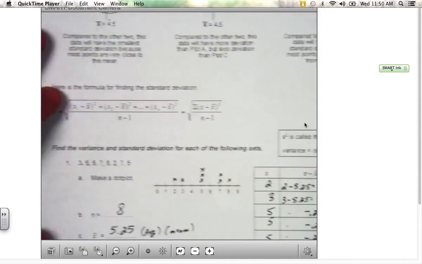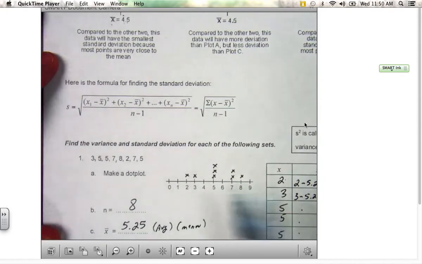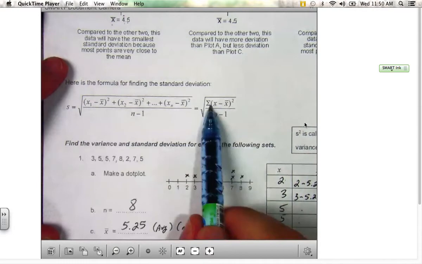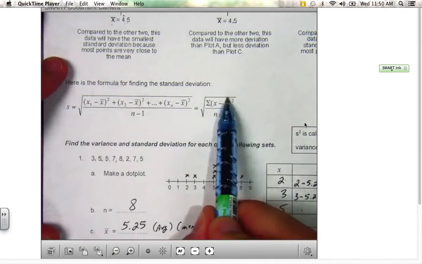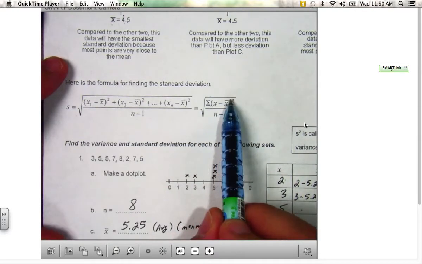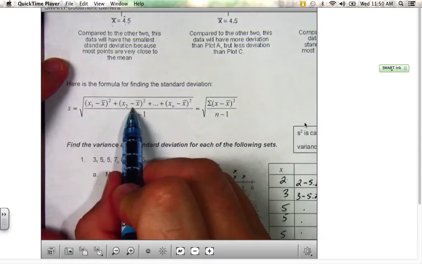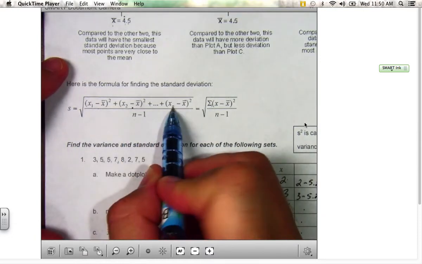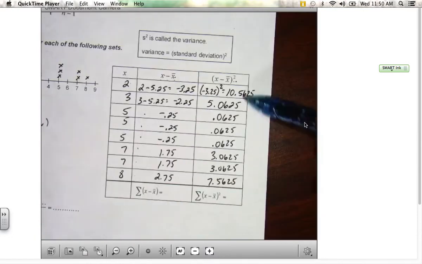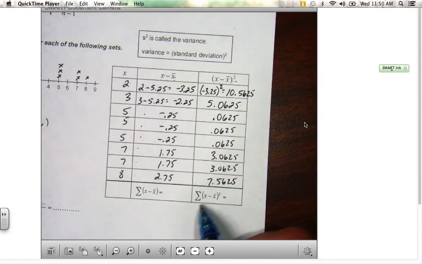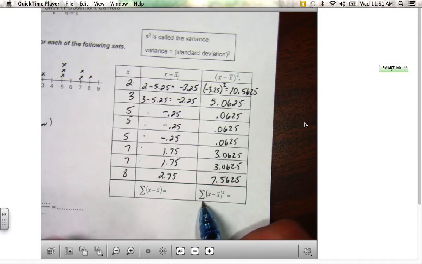Now, once you have all these, let's go back to the formula. The formula said we're going to take the sum of all these. So for that last column, we're going to add each individual number. I want you to add up all these numbers here, and that's what this is: the sum of all these.